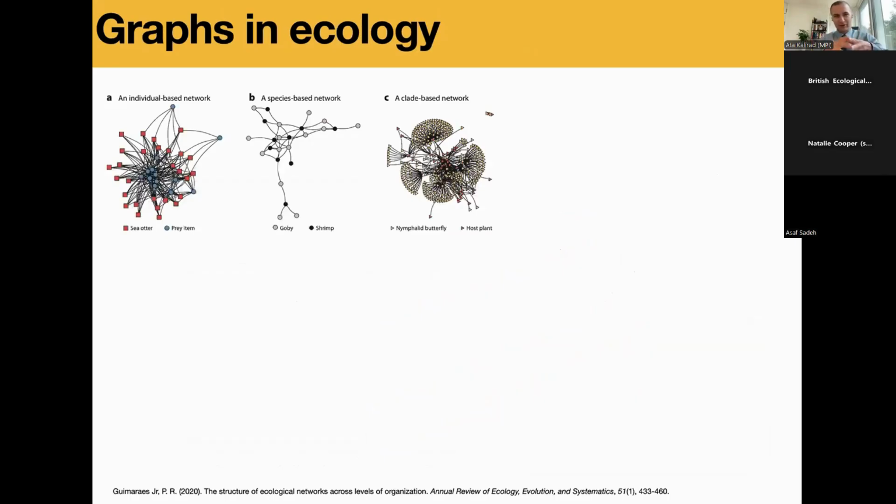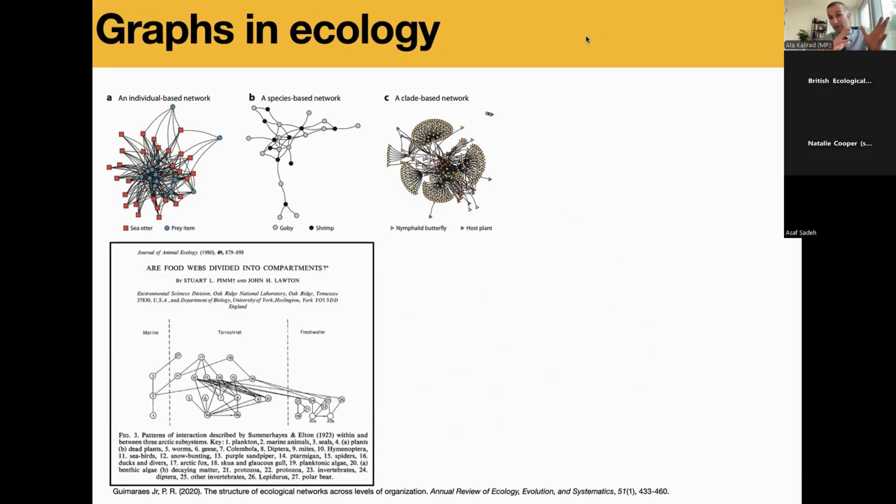Now, graphs in ecology are, of course, not really a novel idea. They have been used extensively for many years, so you have very different versions of graphs, for example, individual-based networks, or species-based or clade-based networks. One of the more extensively explored areas is food webs, historically explored in an ecological context, and there you have network representation of interactions with respect to resource usage.